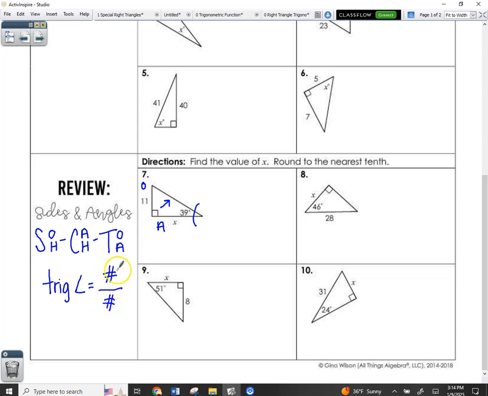Your fraction should always be side measures, and then this number should always be an angle. All right, here we go. So we're going to set it up. Tangent of 39 degrees equals fraction bar, opposite over adjacent. So 11 over x.